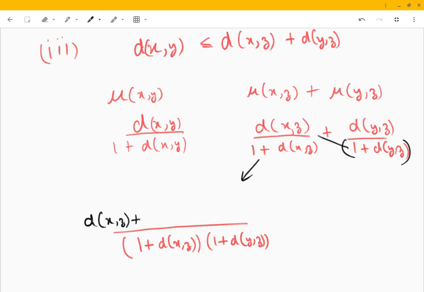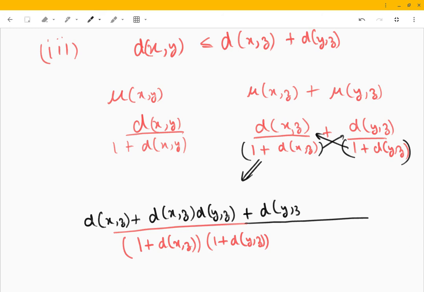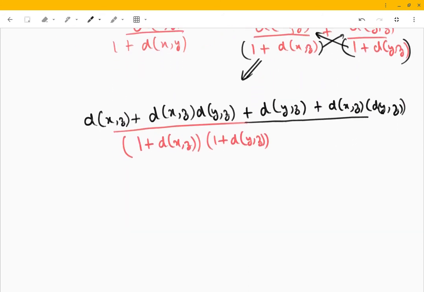So this thing multiplies by this thing, and I'm writing that. We'll get d(x,z) d(y,z), right? Plus, now this thing will multiply with this thing. So we get d(y,z) plus d(x,z) d(y,z). Okay, nice. Let's see what we get.